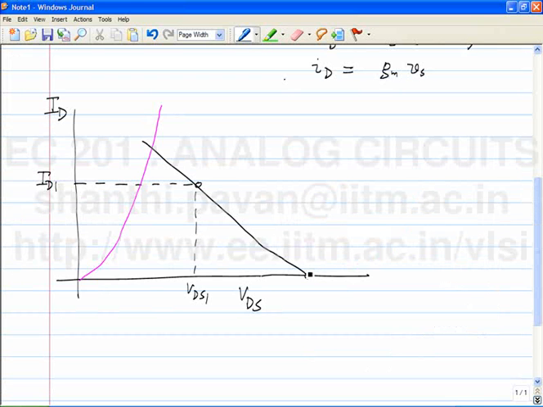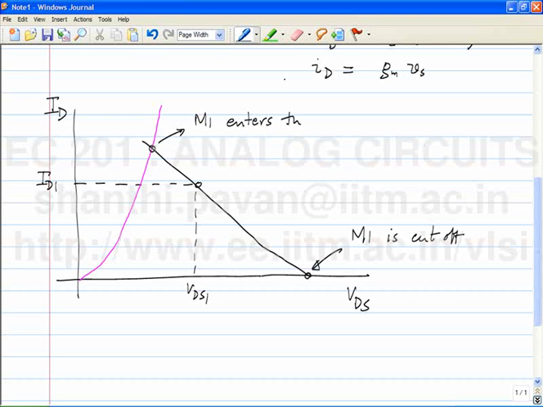When the straight line intersects the x-axis, the transistor is cut off, and when this line intersects this violet curve, this is the point at which the transistor M1 enters the triode region.